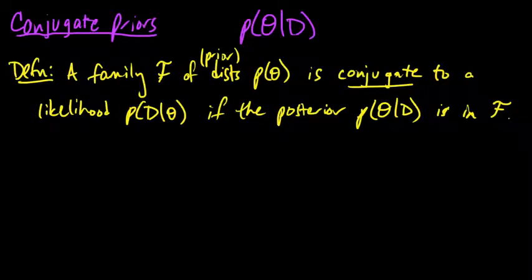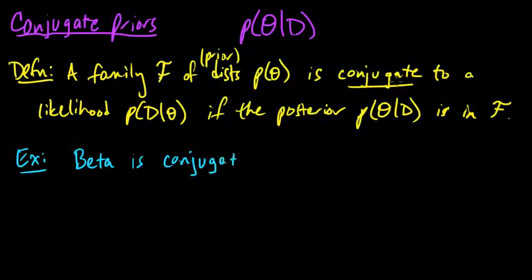So let me give an example, since that may be a little bit abstract. Well, actually, I'm not going to give an explicit example in this video, but I'll mention a couple examples, and we'll look at them in more detail in another video. So some examples: the beta distribution is conjugate to the Bernoulli.